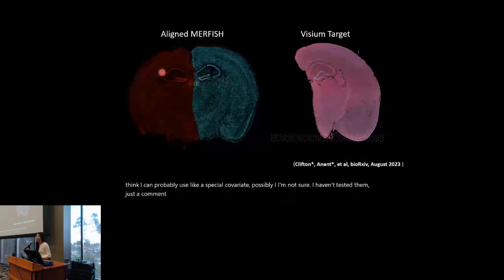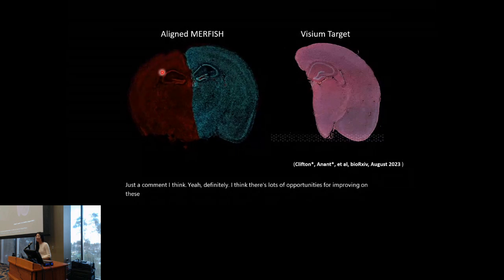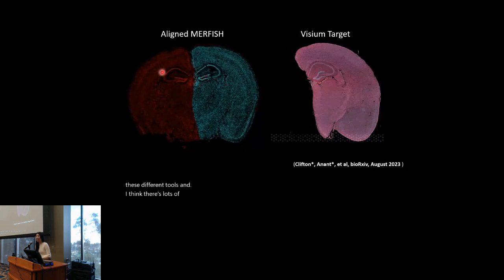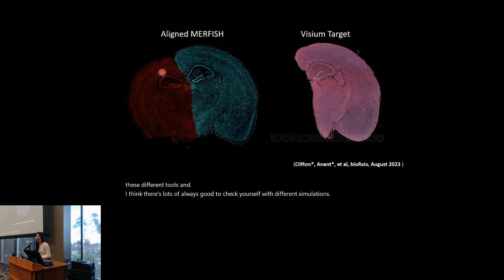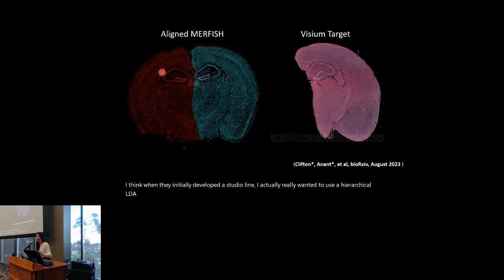Yeah, definitely. I think there are lots of opportunities for improving on these different tools, and it's always good to sanity check yourself with different simulations. When we initially developed SDD-Align, I actually really wanted to use a hierarchical LDA because of this collinearity issue.